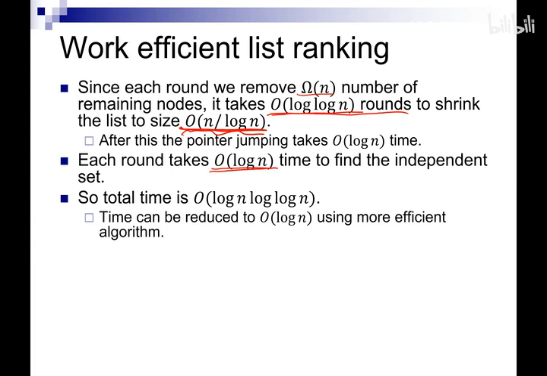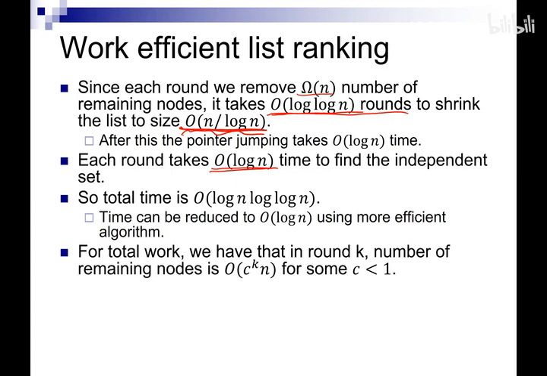It turns out there are more efficient techniques where you can actually reduce this value down to simply log n. So removing all of these independent nodes can be done in log n time in total, and restoring all of these nodes can also be done in log n time.